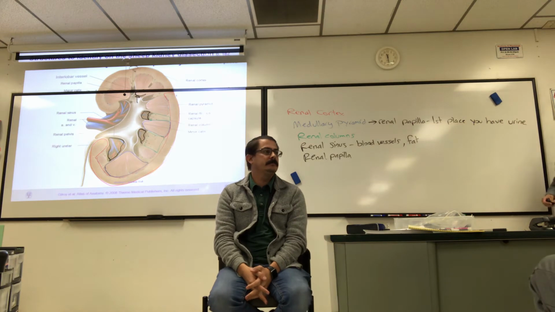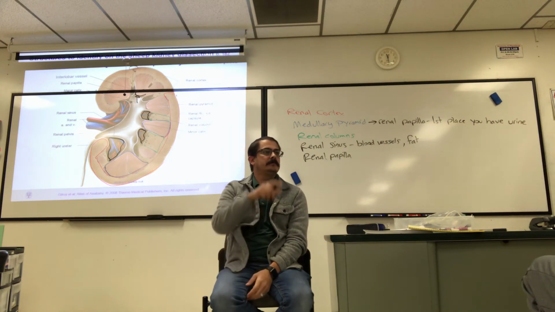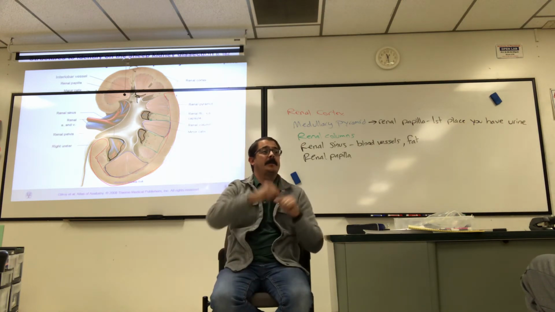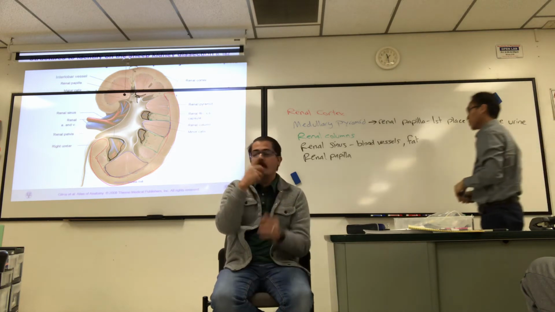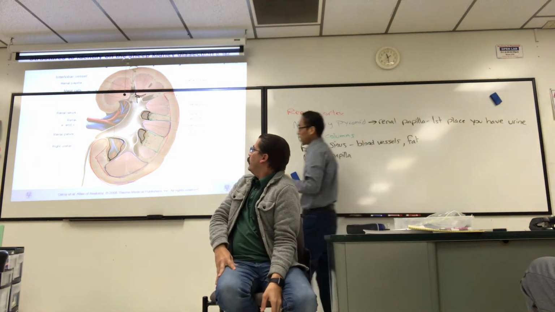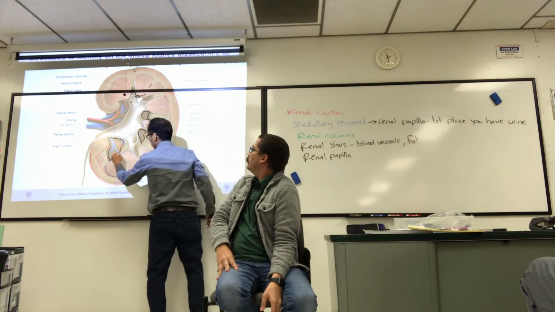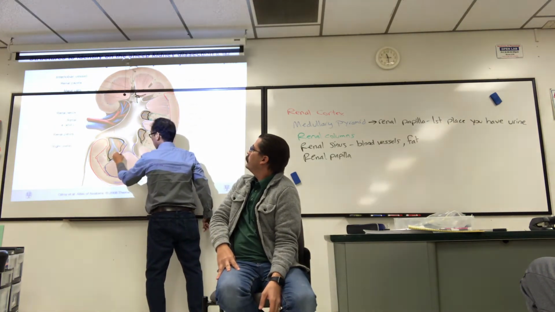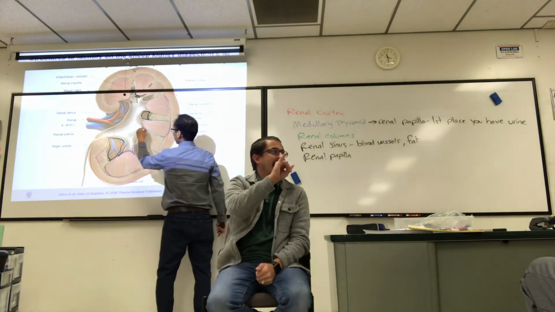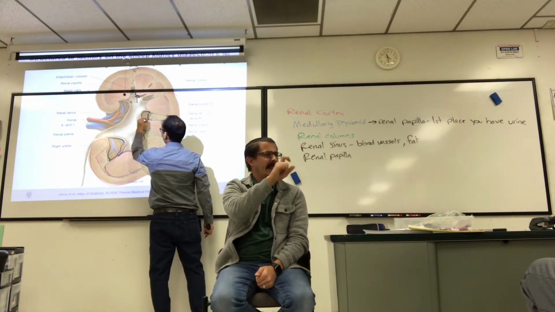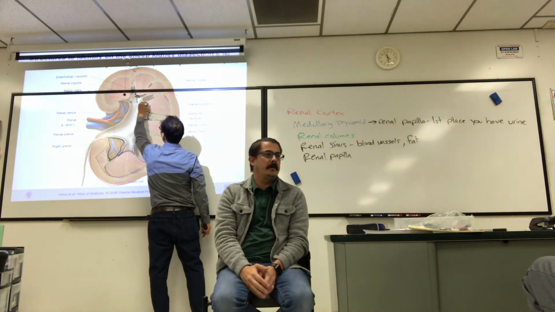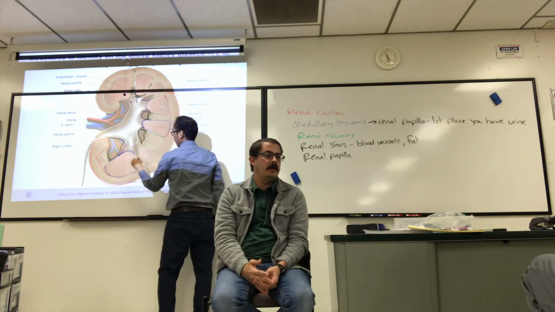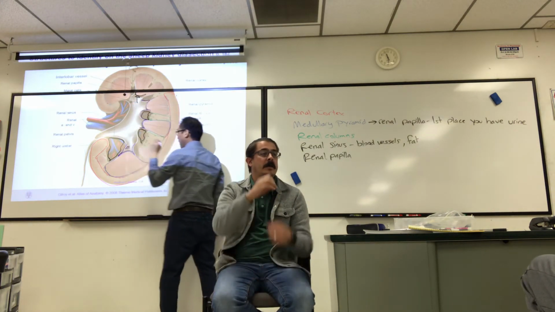So you need a collection system to collect this made urine, and those are the calyces. For example, these little cups, like I'll trace one here, like that one there in purple, or say this one here. You call this structure a minor calyx.